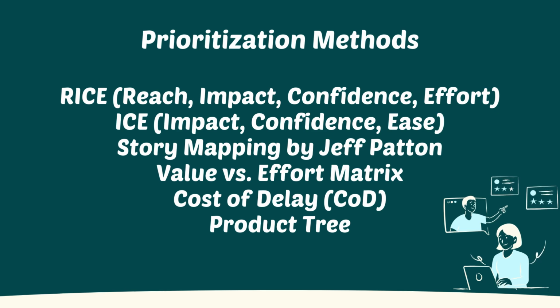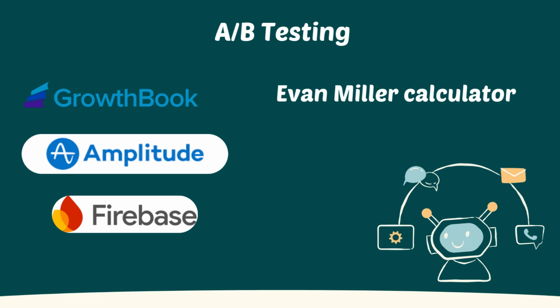Story Mapping by Jeff Patton. Value versus Effort Matrix. Cost of Delay, COD. Product Tree. These frameworks help product and marketing managers decide what to focus on next and why. We won't go into detail here, but you can easily find explanations and examples of each on the internet.